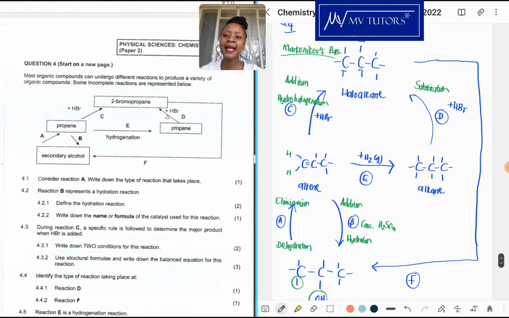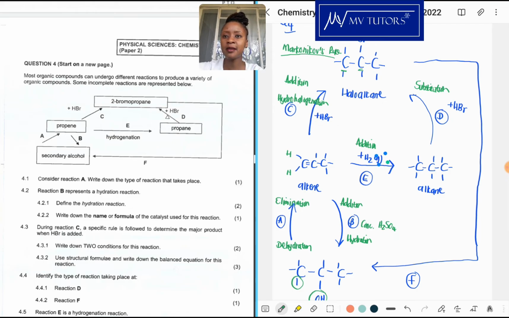So E, we had an alkene and we are adding hydrogen, H2. That's called hydrogenation. So it's also an addition reaction, called hydrogenation because you are adding only hydrogen. Then we get an alkane. Okay, that makes sense.